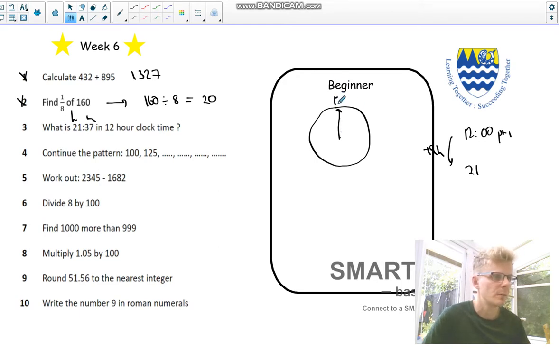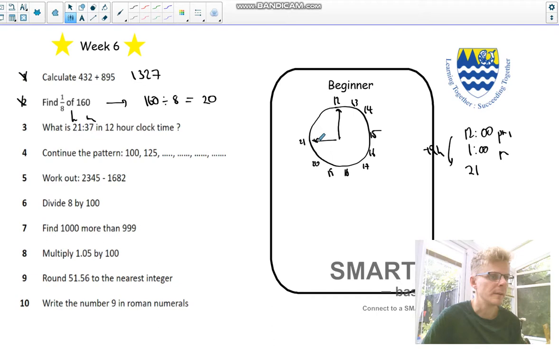So that's 12 p.m. When the hour hand touches the 1, that would be 13 hours past midnight, or 1 o'clock in the afternoon, 1 p.m. Okay, and then 14 would be 2 p.m., 15, 3 p.m., etc. 16, 17, 18 is 6 p.m., 19, 20, and then 21.